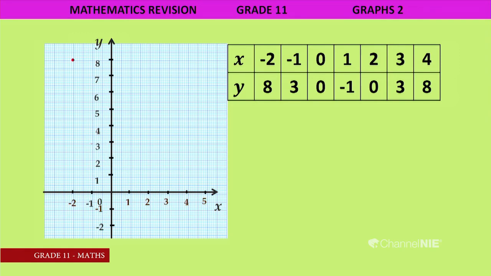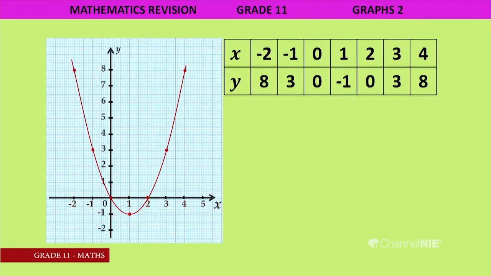After numbering, first point, now second point, third point, fourth one, yes, fifth one. Now you can draw the smooth curve like this. This is a minimum curve.